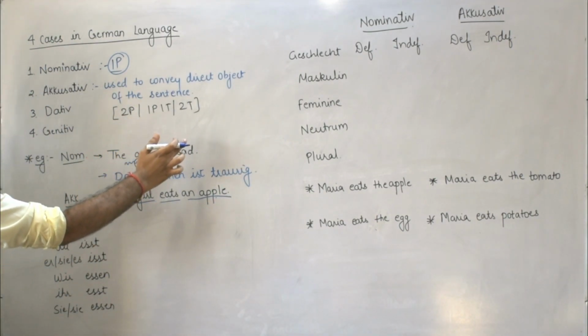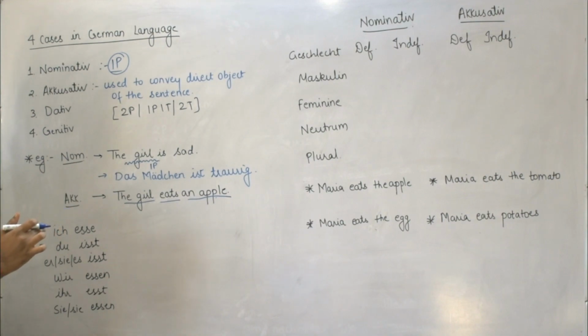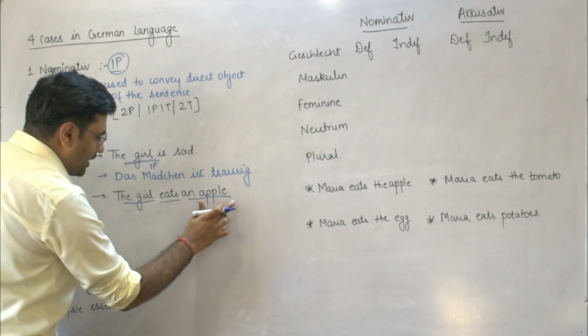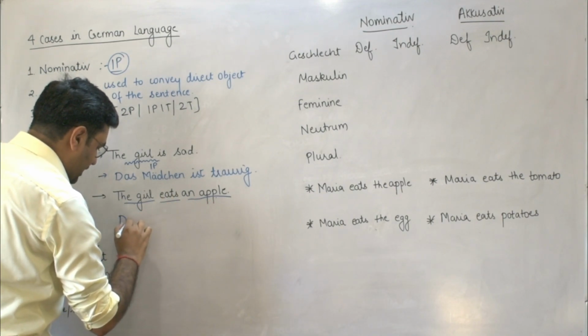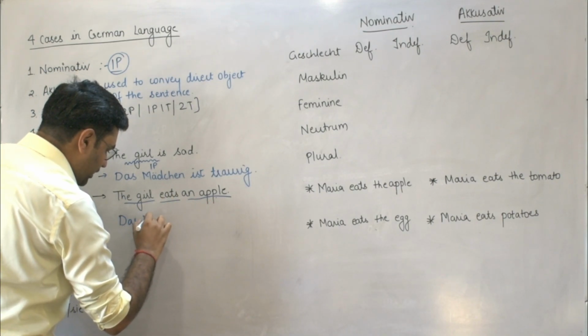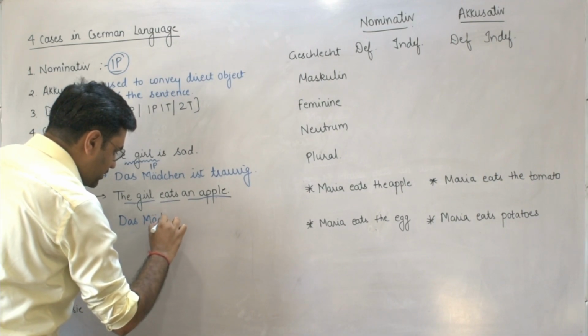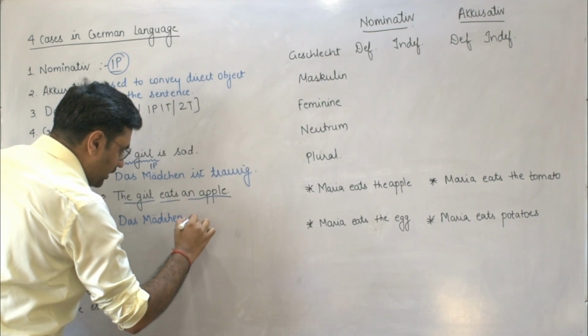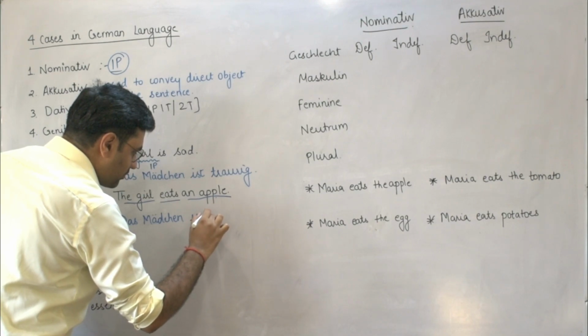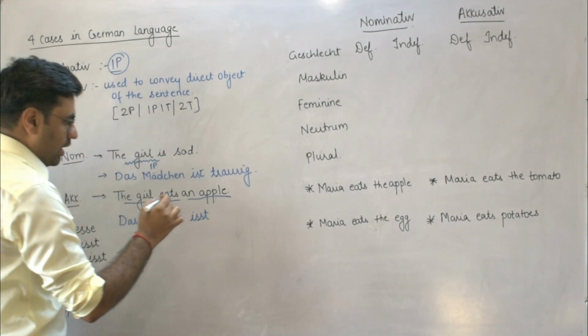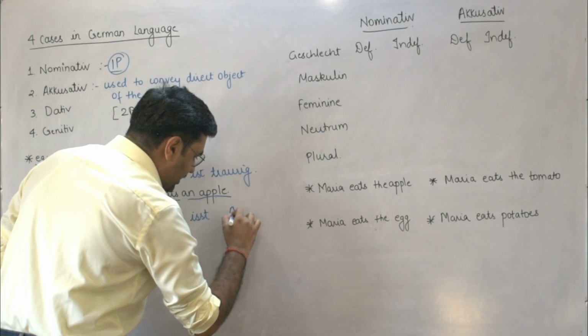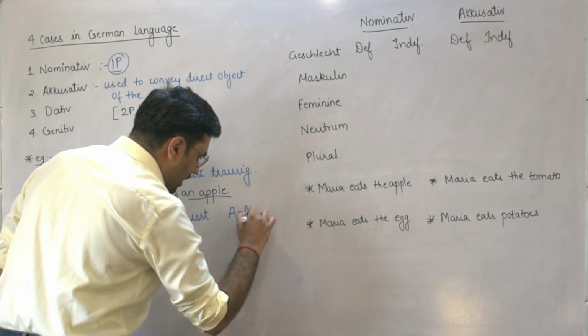The girl is sad. Now the girl eats an apple: Das Mädchen ist... Apple is Apfel.